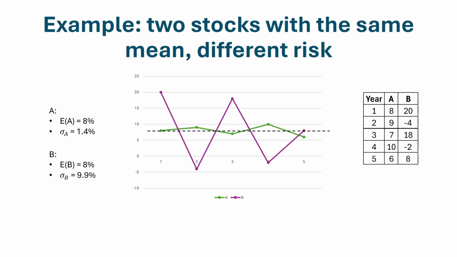Its average return is still 8%, just like stock A, but its standard deviation is close to 9.9%. So even though both stocks have the same average return, investing in stock B is more risky. This is why standard deviation matters. It helps us see how much the returns move around the average.